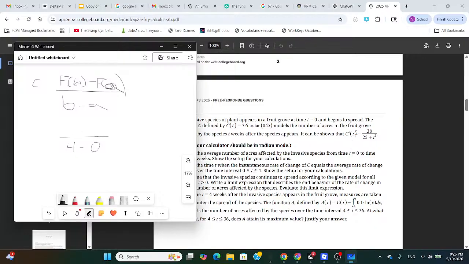Over 38 over 25 plus... wait, C prime. Something like that. Okay, so 4, right? Is that not how it is? 38 over 24 plus 4 squared is, come on, 16. 38 over 41. Wait, that can't be right.